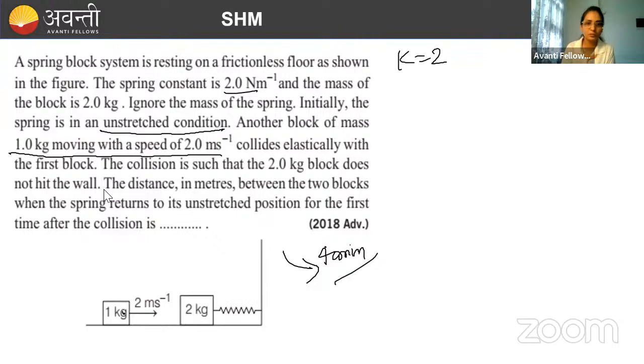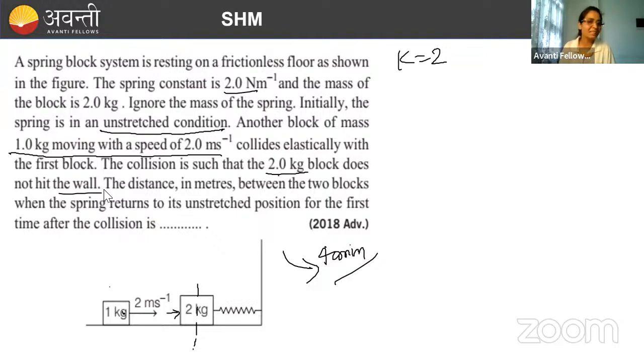collides elastically with the first block. So यहाँ पे पहुंचा होगा, ठीक है. ये ब्लॉक 1 kg, 2 kg से क्या किया? इलास्टिकली कोलाइड किया. Then the collision is such that the 2 kg block does not hit the wall. 2 kg block is not hitting the wall. So what will happen during collision? During collision, 1 kg block will hit 2 kg block in this direction, so 2 kg block will start moving towards the spring, so it will start compressing the spring.